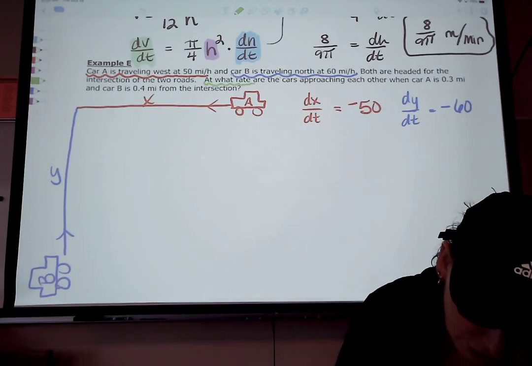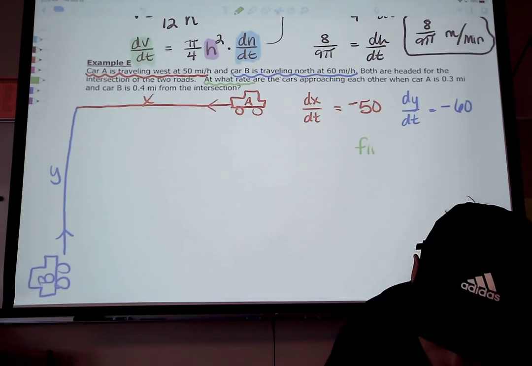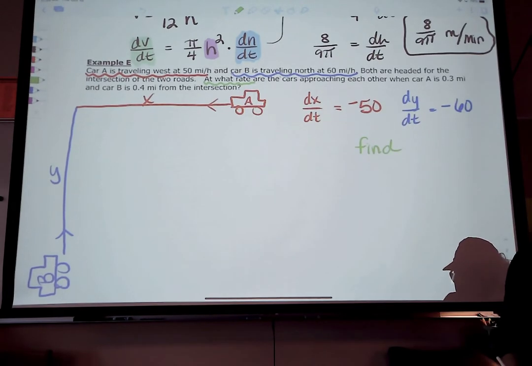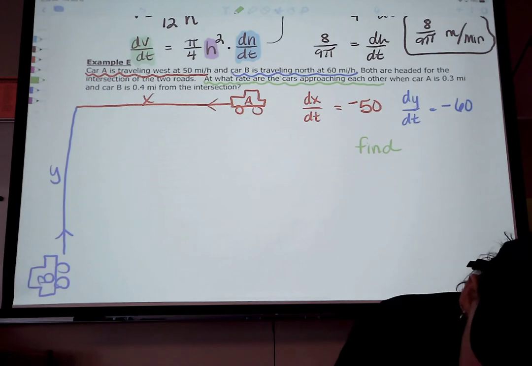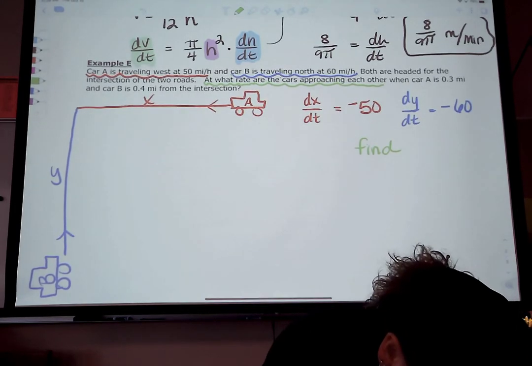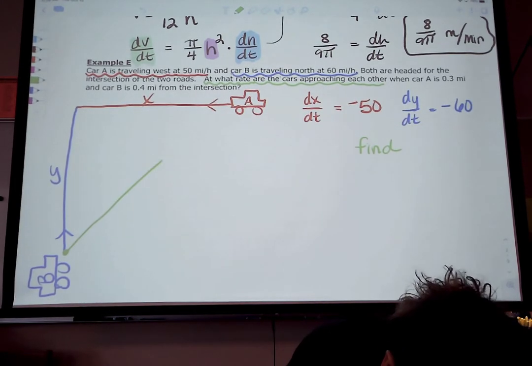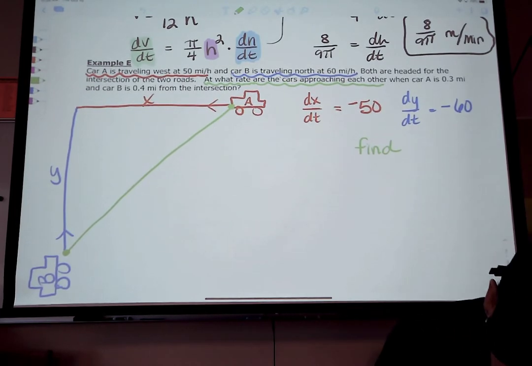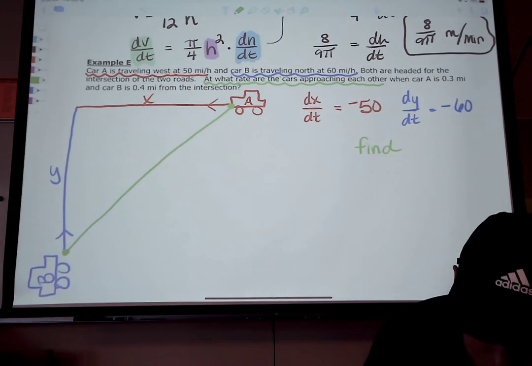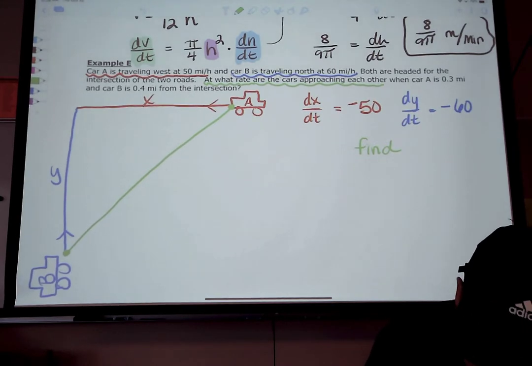At what rate are the cars approaching each other? So the distance from car A to car B. I think I'll call that, I don't know, Z. Y'all don't like Z. Looks like a 2.